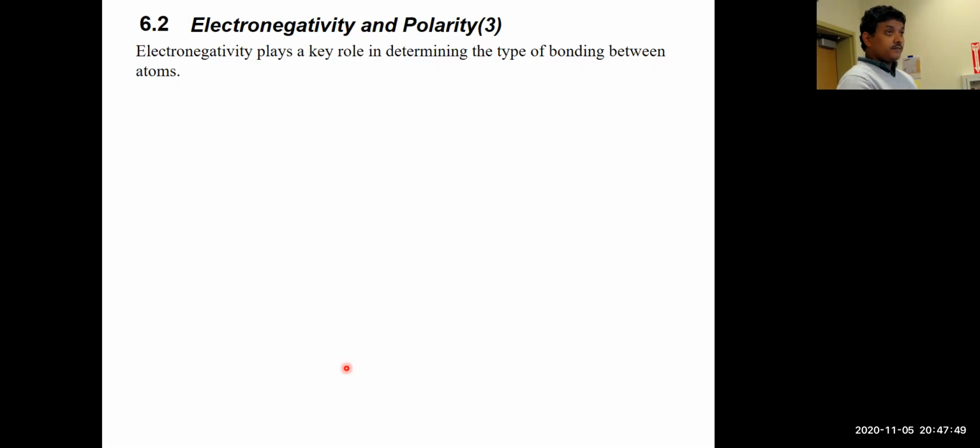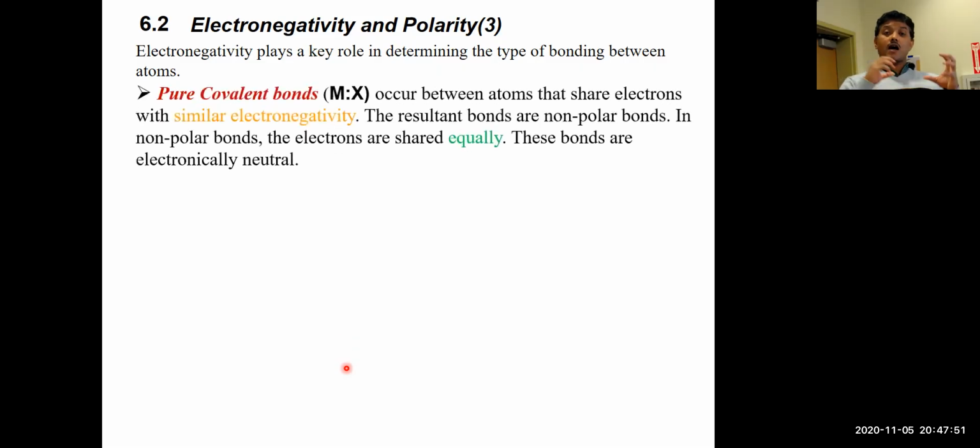Non-metals have different electronegativity values, as you saw in the previous slides. When these non-metals make a bond by sharing electrons, the type of bond is defined by the range of difference in electronegativity values.